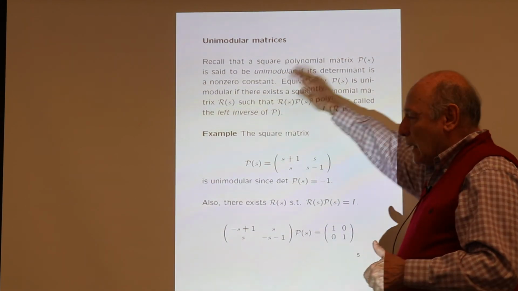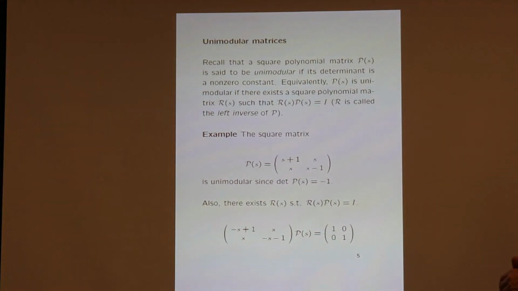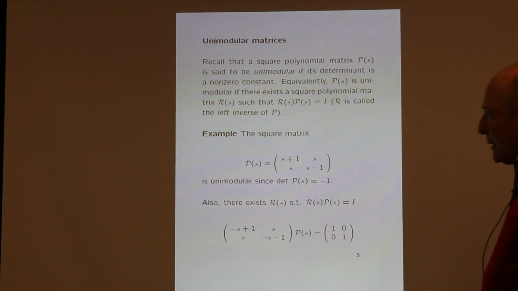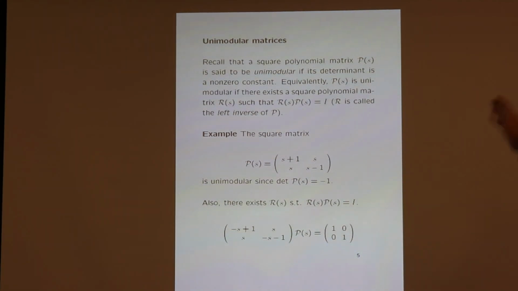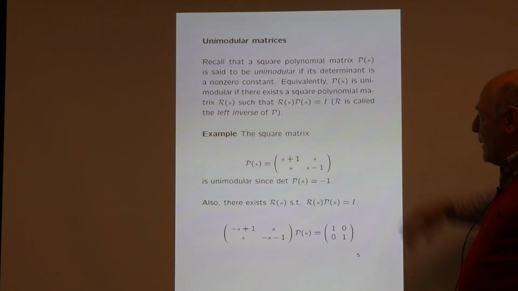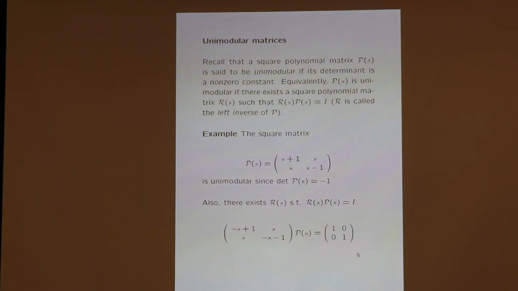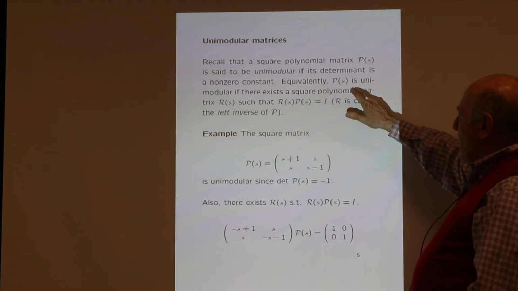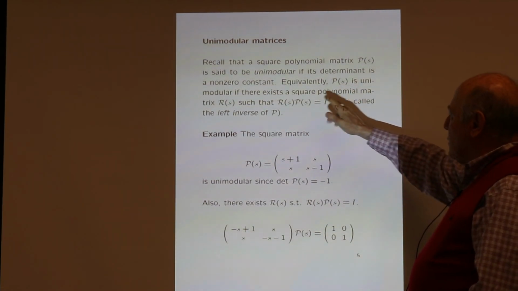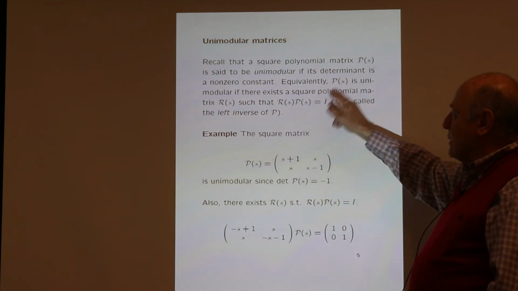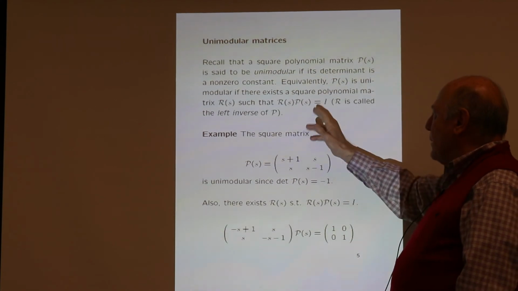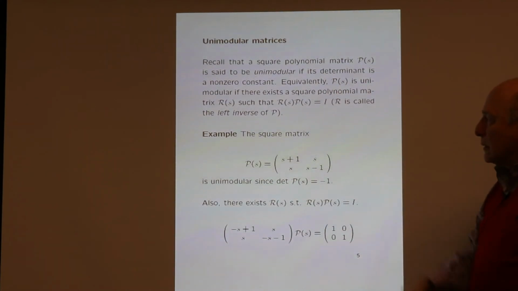So the class of matrices that have to be available for the system on the right, playing the role of P, is a very special matrix. It has an inverse which is also a polynomial matrix. So if P is unimodular, there exists some matrix R such that RP or PR is the identity.